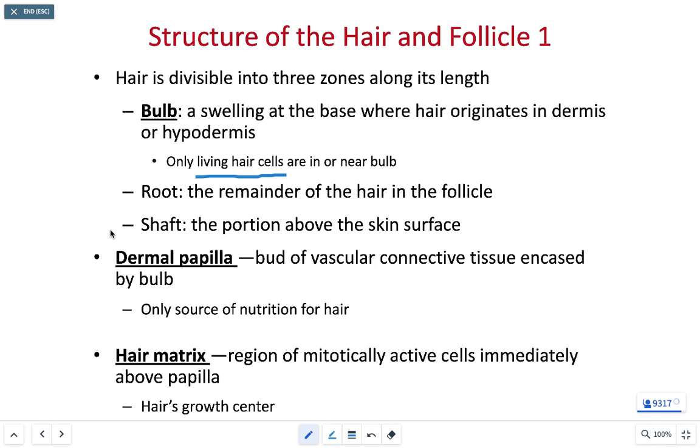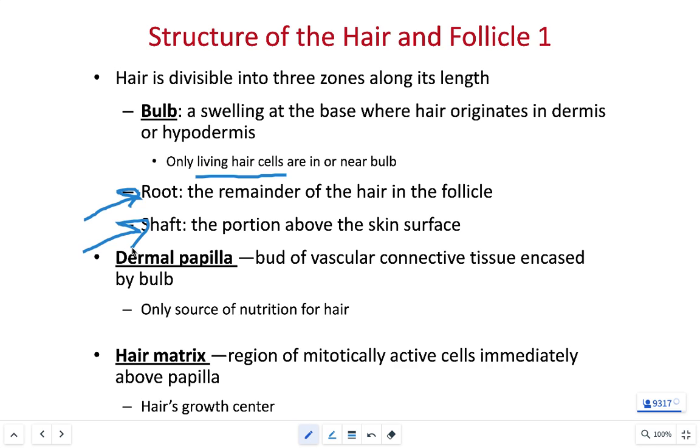Now, as we're looking at the root of the hair, this is typically going to be defined as the part beneath the surface. The shaft is typically defined as the part above the surface. We're also going to have, wrapped in the middle of the bulb, something known as the dermal papilla.